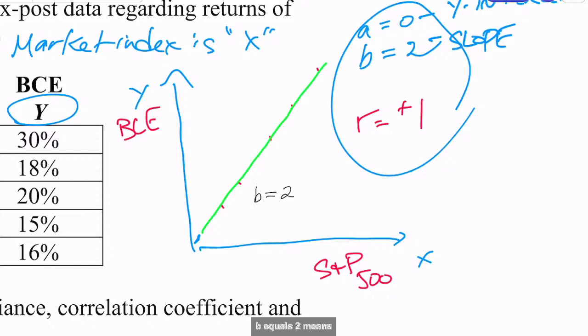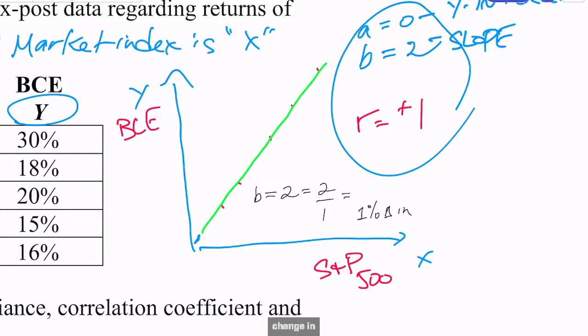B equals 2 means 2 over 1, right? So you interpret from here, remembering the units. The units are percentage.